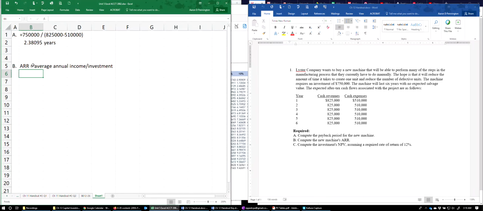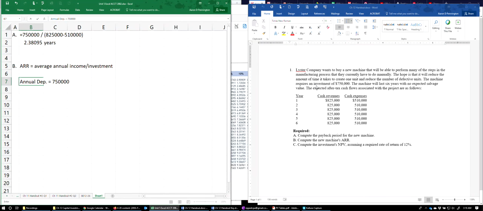And that's depreciation, right? It gives you the machine will last 6 years with no expected salvage value. So you may remember from 2081, that's really all you need to compute annual depreciation. And so let's actually do that. Annual depreciation is equal to cost of the asset, our cost of the machine, divided by its life.